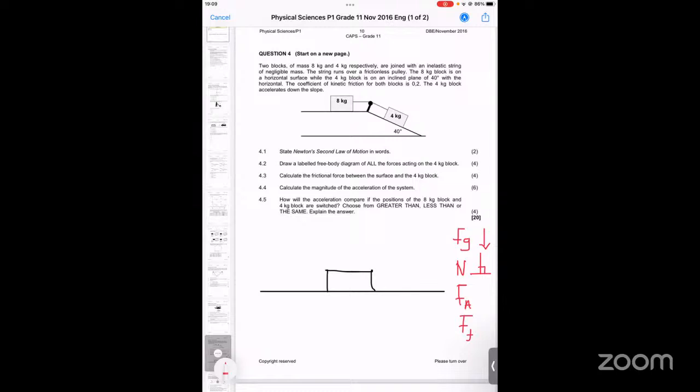Then that is another way of us knowing that a frictional force exists. So lastly, we will have the tension. Tension will always be there if we have two objects connected by a string or a rope. Make sense on that one?